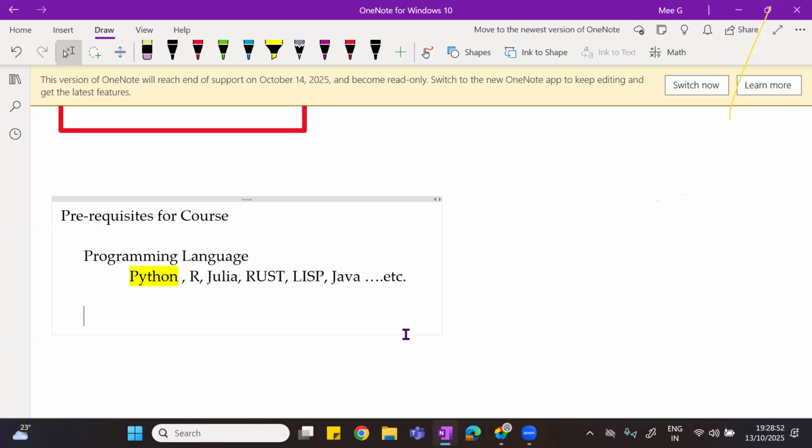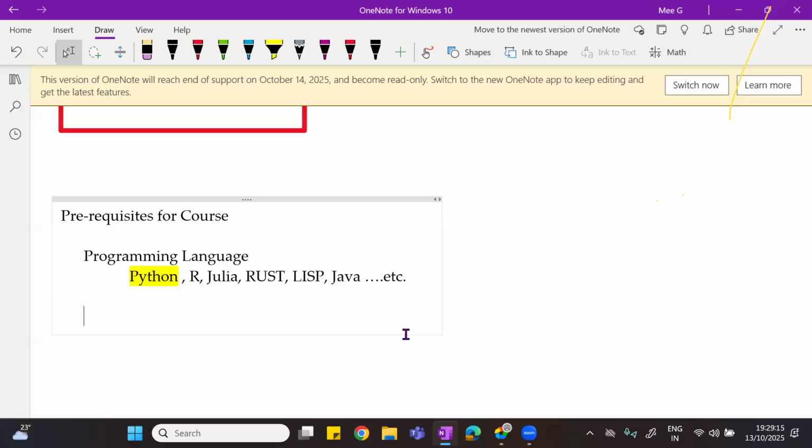Not in other aspects. Some may be very good compared to Python, some may be very bad, based on different aspects. From an AI perspective, nothing is near Python, and it will dominate for at least 20 years from now.